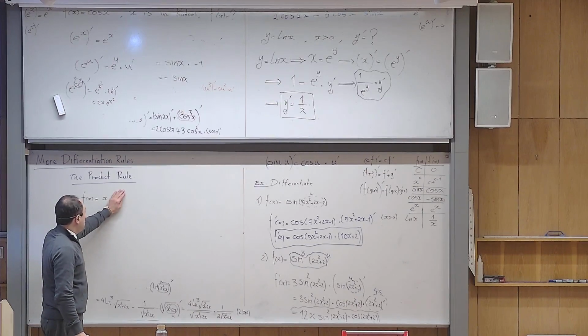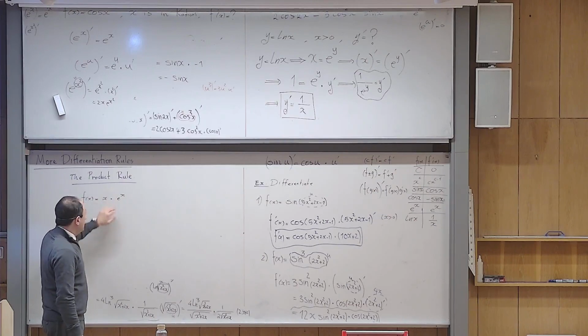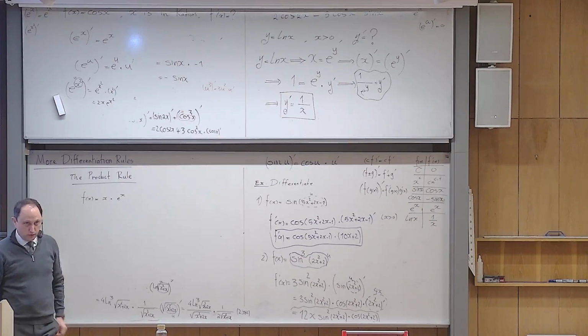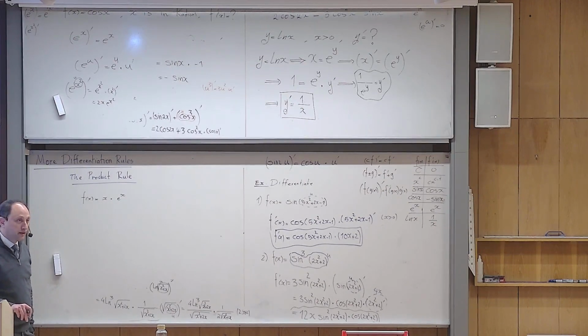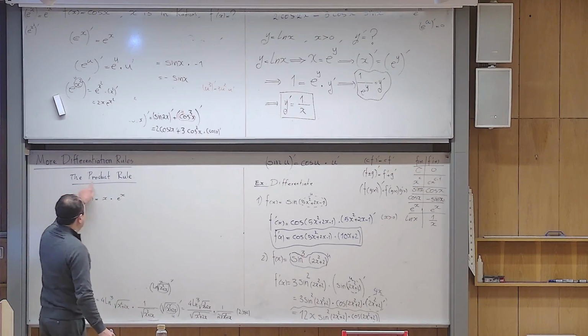The answer is yes, the derivative is 1. Do you know the derivative of e to power x? The answer is yes, it is the function itself. But there is no guarantee that the derivative of the product is somehow related to the derivatives of each one of these functions individually. And this is the idea of the product rule.